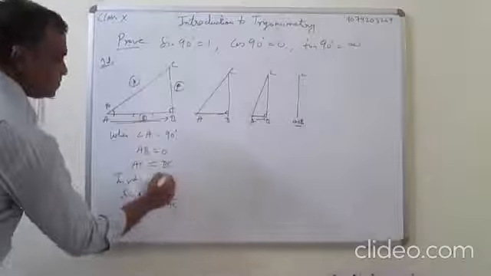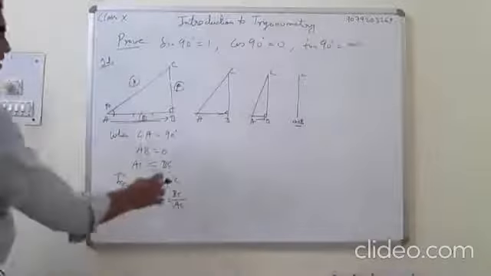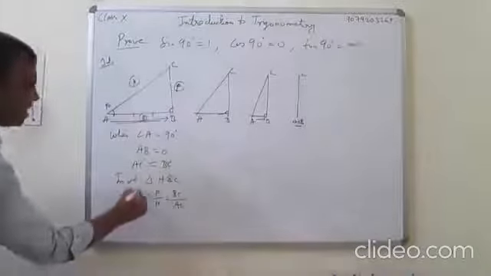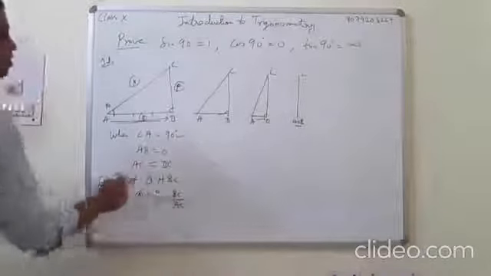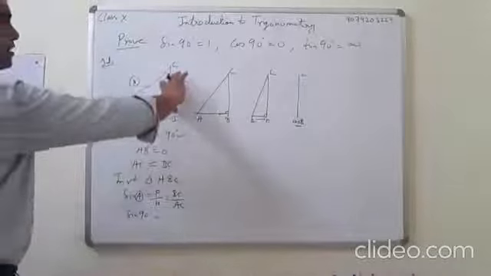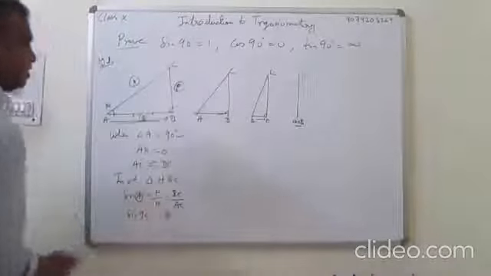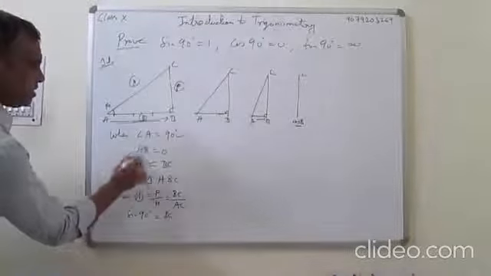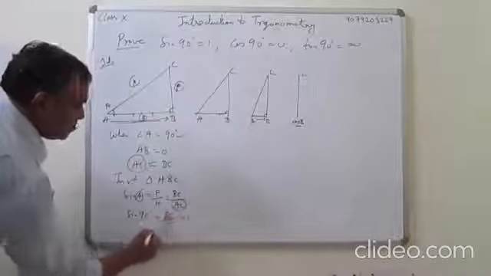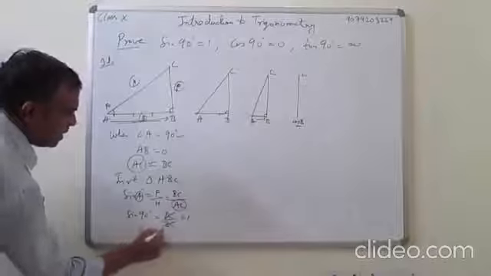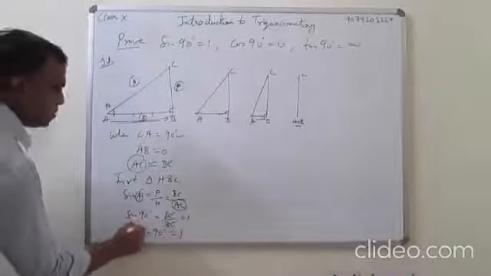AC. If A is 90, what is the value of BC? BC is BC, and AC is BC, so it cancels and comes 1. So sine 90 degrees is equal to 1.